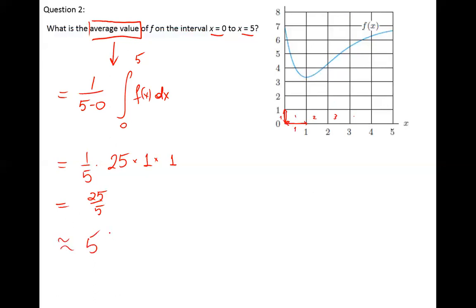Let me do the approximation. Shall we count 4, 5, 6, 7, 8, 9, 10, 11. Probably I'm not going to get 25, or maybe 14, 15. And then I have 16 here, 17, 18, 19, 20, 21.